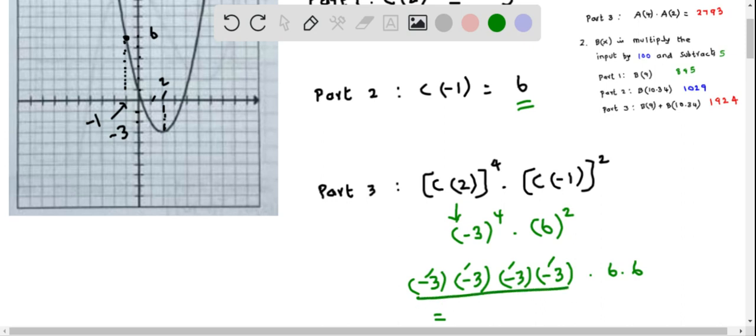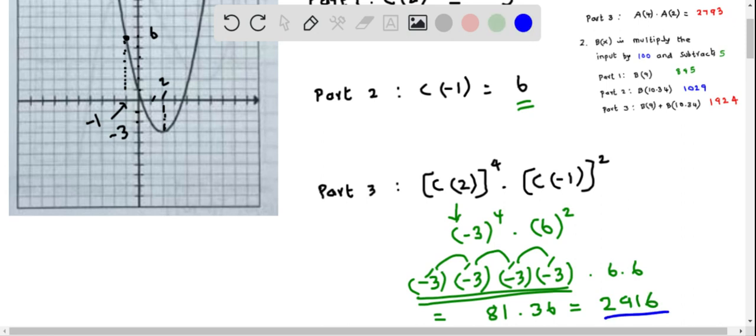So the sign of this quantity is a positive number, and 3 multiplied by 3 is 9. 9 times 3 is 27. 27 times 3 is 81. So basically this is 81 multiplied by 6 times 6, which is 36. So when we multiply 81 with 36, we get 2960. So this answers part 3.